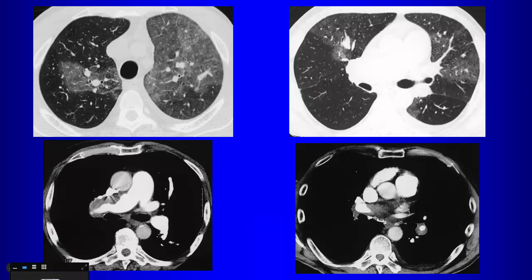What's the difference between mosaic attenuation and mosaic perfusion? It's not how dark the parenchyma is, but what the vasculature looks like. Right? So mosaic attenuation is a non-specific term.